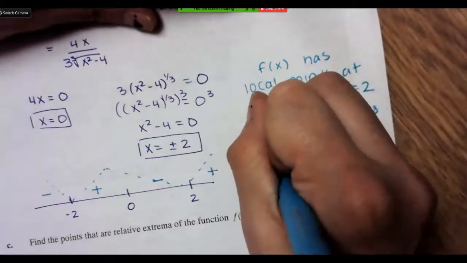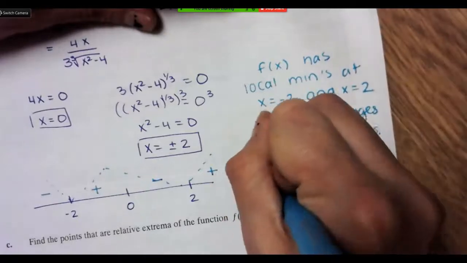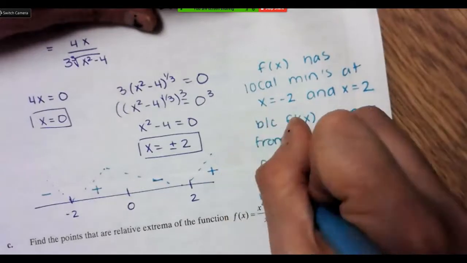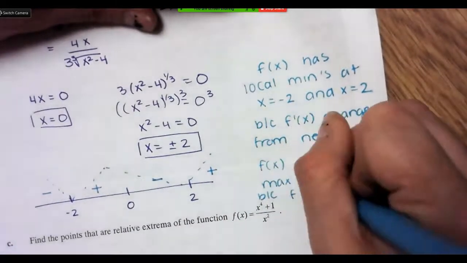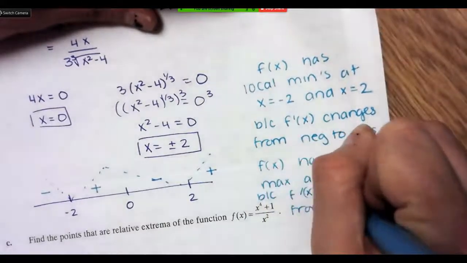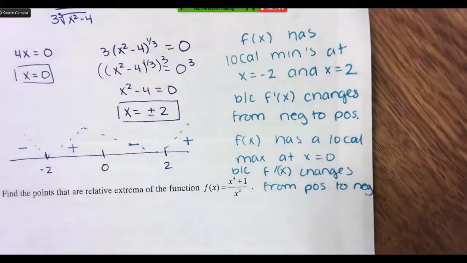And then f of x has a local max at x equals 0 because f prime of x changes from positive to negative. So again, we always talk about what we know. We know the sign changes, therefore we know those are local maxes and local mins. That is what the first derivative test told us.